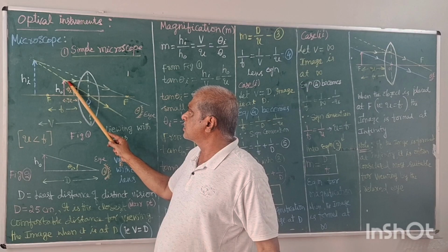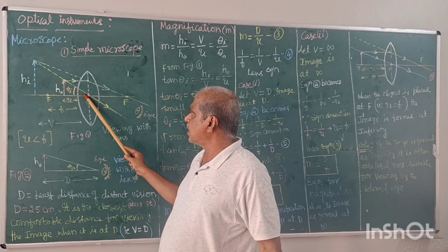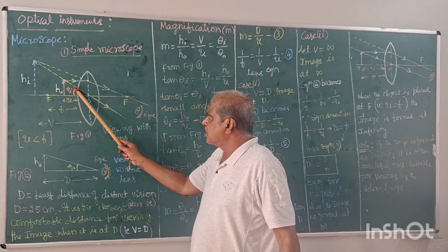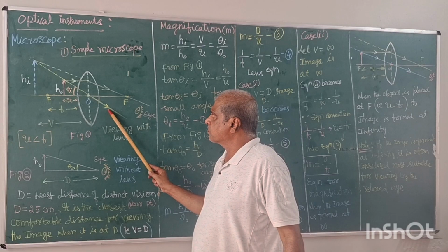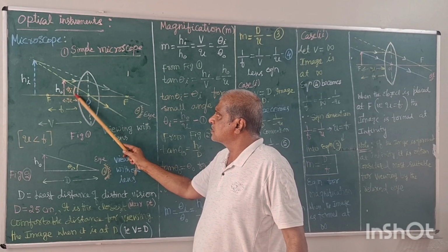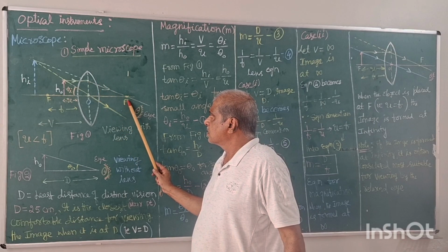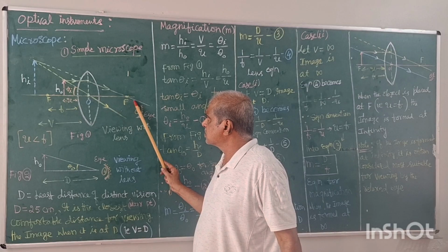One light ray is parallel to the principal axis and the other light ray passes through the optical center. The one passing through the optical center never undergoes any deviation, and the light ray parallel to the principal axis undergoes deviation like this, passing through F.